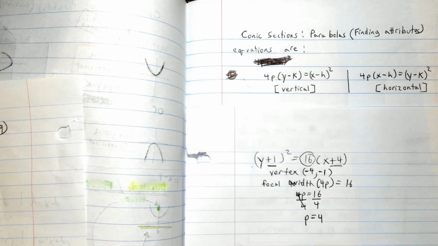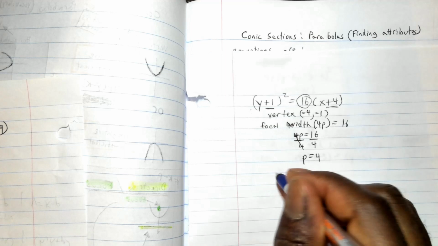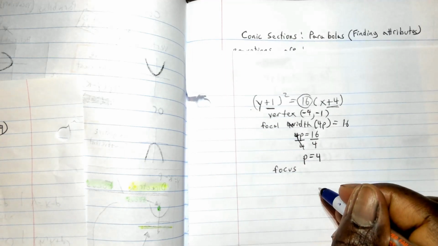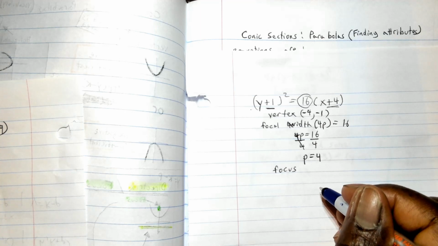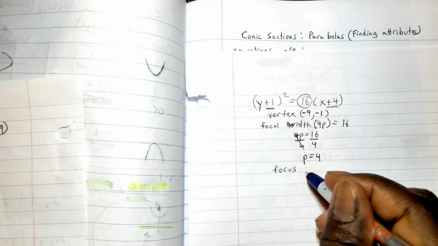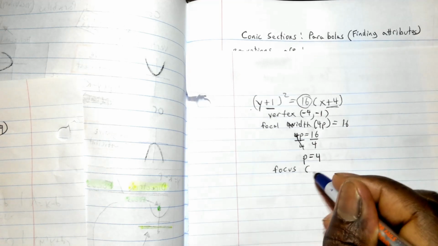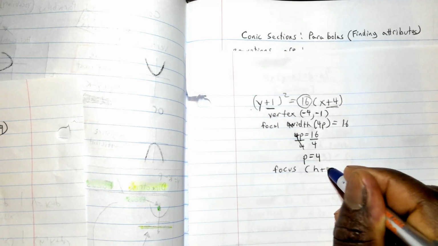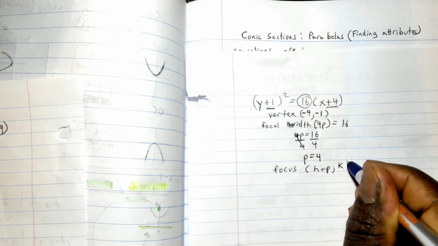So now let's use that to get the focus. Remember, we have two different scenarios: one if it's a vertical, or the other if it's a horizontal parabola. In this case, we have a horizontal parabola. Horizontal, add to h. So h plus p is what we had to do.